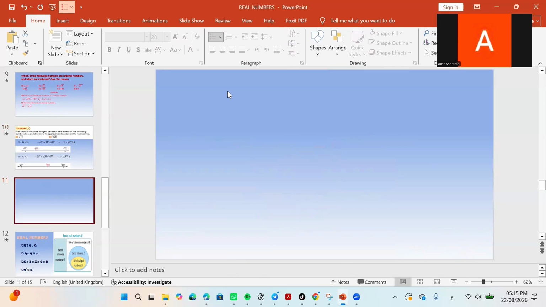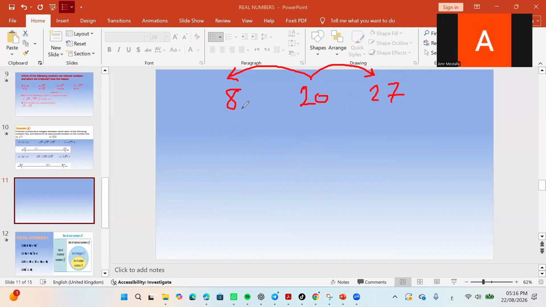Cube root of 20. Cube root, this time not square root. We have cube root 20. So I have to find a perfect cube before 20 and a perfect cube after 20. The number before 20 is 8, it's a perfect cube. And the number after 20 is, anyone know? 27.